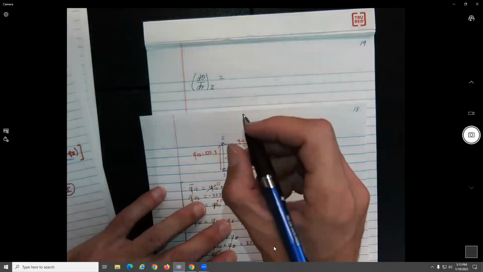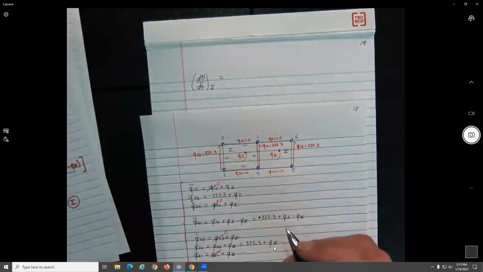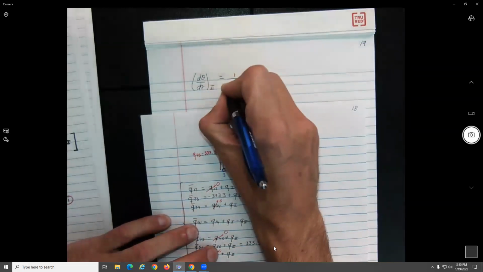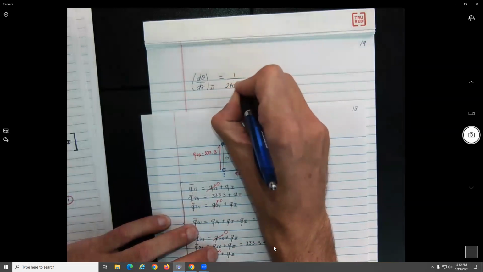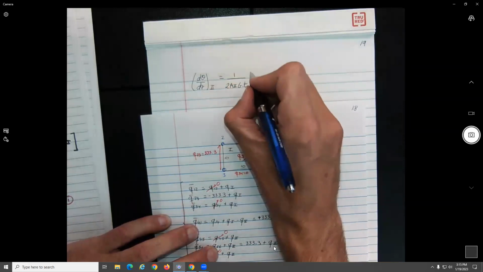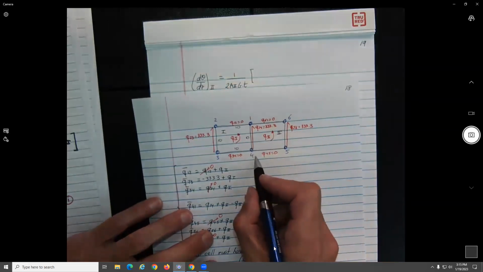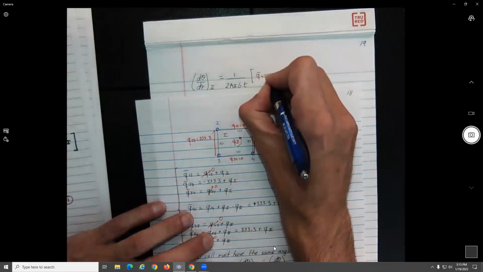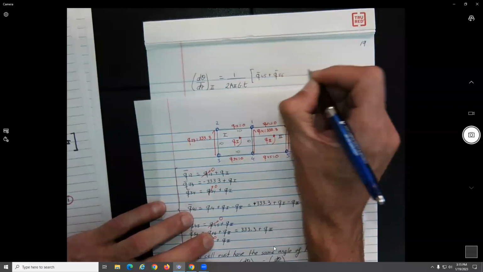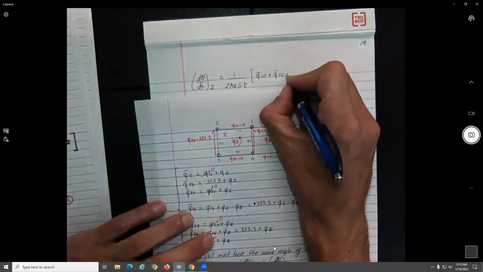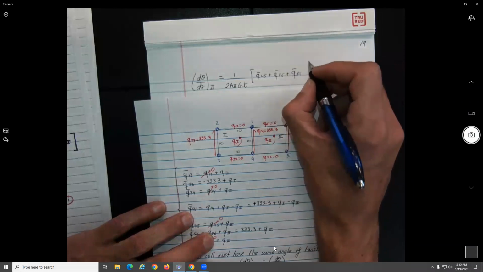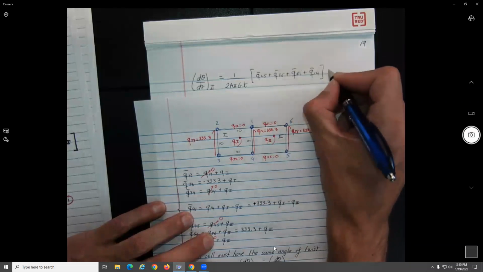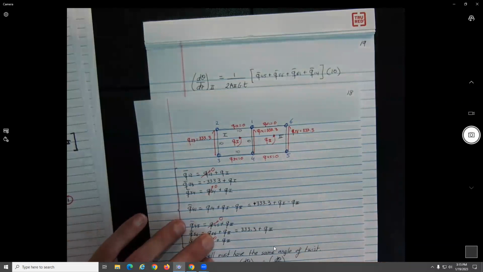Okay, so this is going to give us what? 1 over 2 A2 GT. I start from this one, Q bar 4-5 plus Q bar 5-6 plus Q bar 6-1 plus Q bar 1-4 times 10, because the other members are 10.